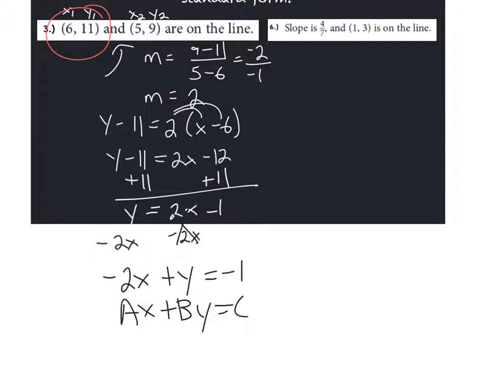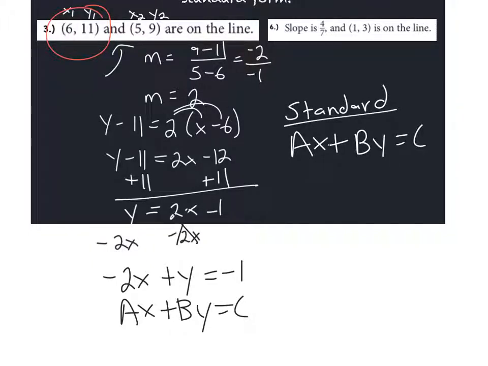All right, so I think I'm going to stop there because I don't want this video to be too long. So just remember, standard form is ax plus by equals c.